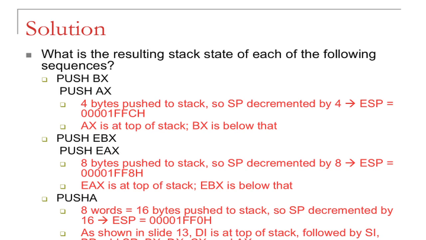In this case, 8 words will be pushed into the stack. So SP is decremented by 16. And DI will be at the top of stack, followed by other registers.